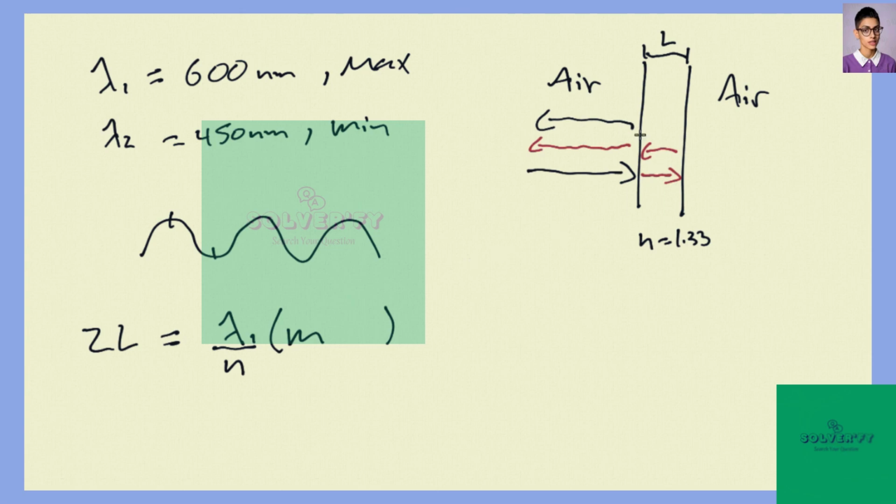So let's check. Because what happens is, if you go from lower index of refraction to higher index of refraction, the reflected ray is actually reflected half a wavelength out of phase, or phase shifted. So we might have to correct for that, because so far we've assumed there's no phase shift on these reflections. So let's see. We're going from n of air, which is 1, to n of the soap film, which is 1.33. So on this first surface here, there is a phase shift.